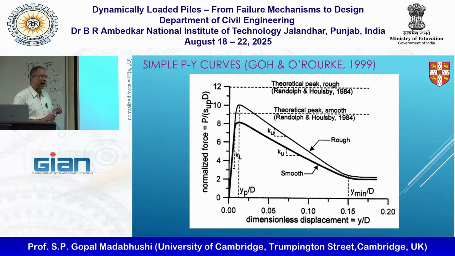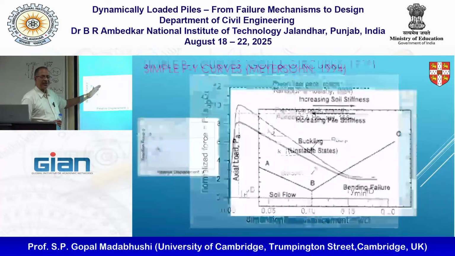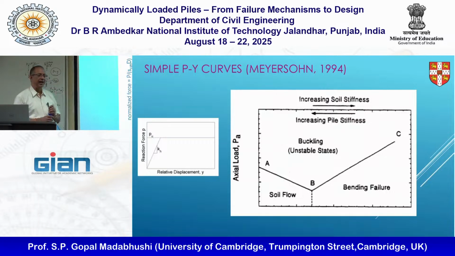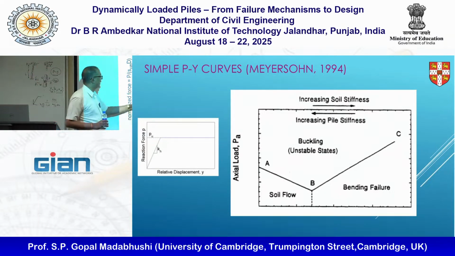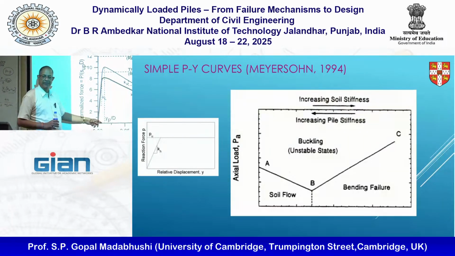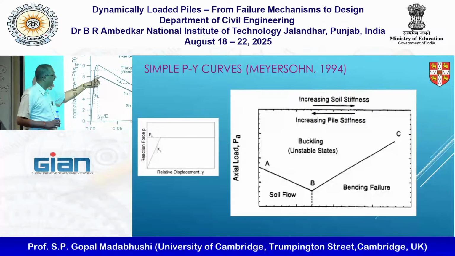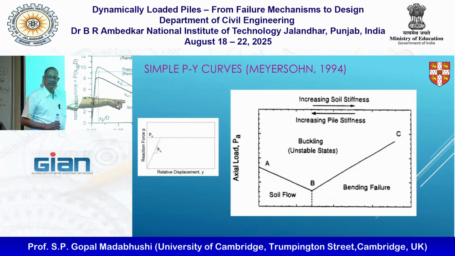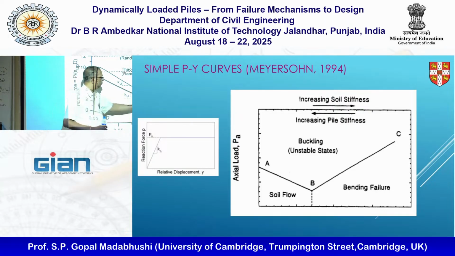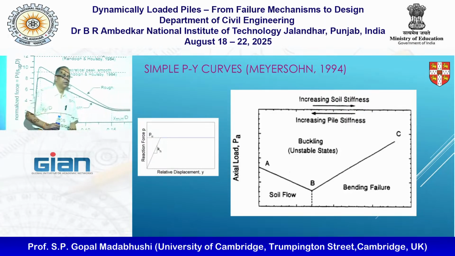This is kind of better than the earlier one because that was assuming that I'll reach some PU and stay constant, right? What this is telling us is, yes, I'll reach some peak value at fairly small displacements. Then it will soften, so this is a negative slope, and you will reach some residual value.